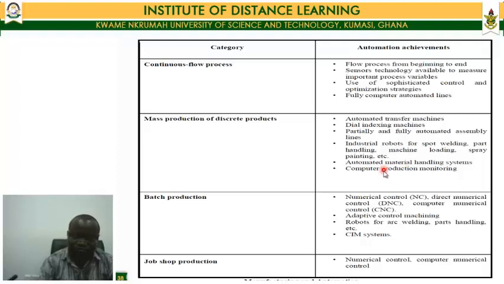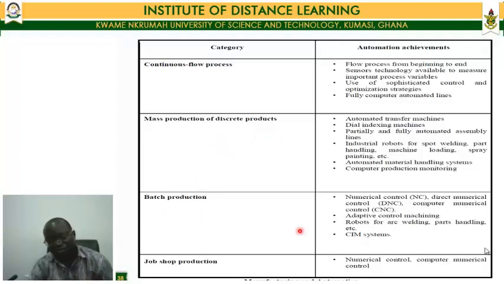And you could have automated material handling systems, and then computer production monitoring going on. So these are some automation achievements you can have in mass production of discrete products.